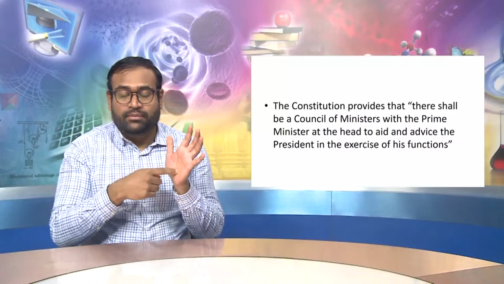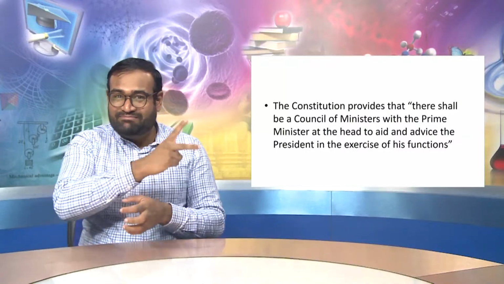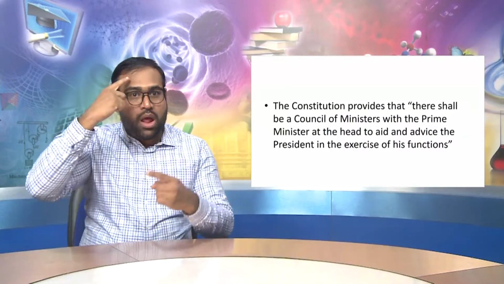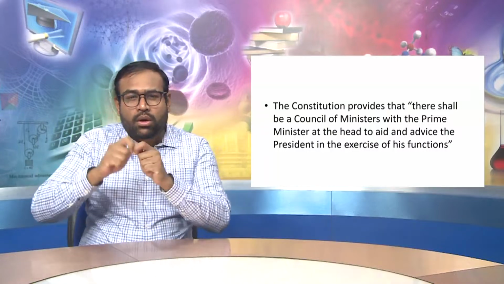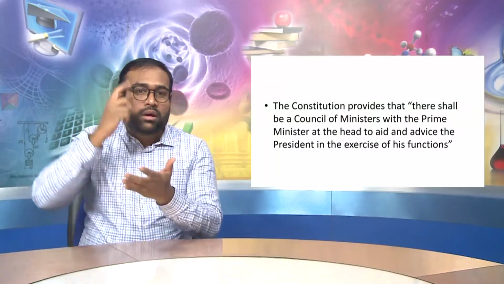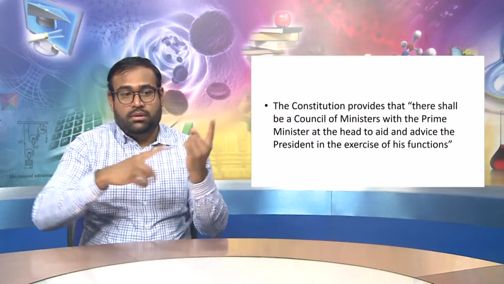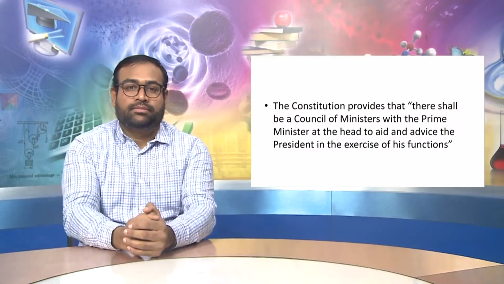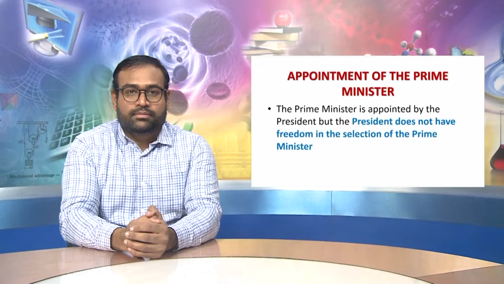The Constitution provides that there shall be a Council of Ministers with the Prime Minister at the head to aid and advise the President in the exercise of his functions.